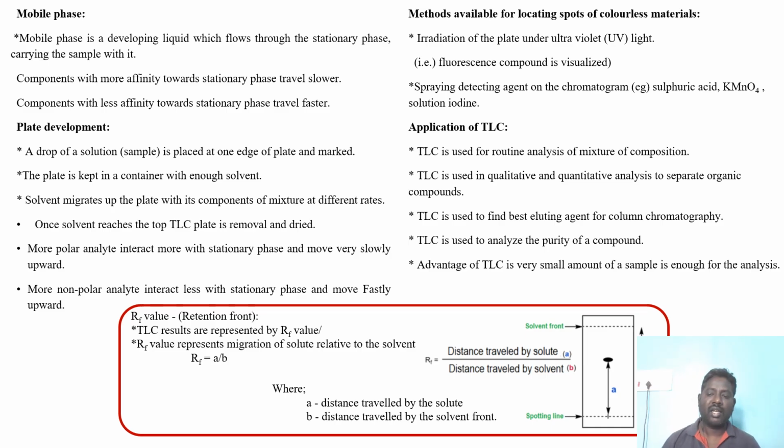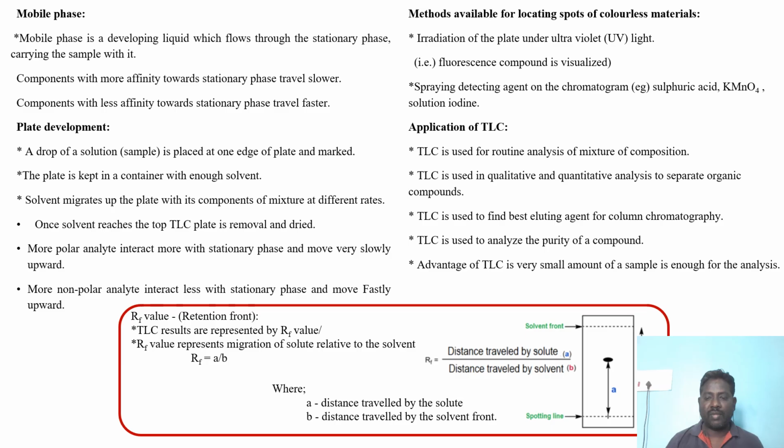As I said earlier, a more polar analyte interacts with the stationary phase more and moves very slowly, whereas a non-polar analyte will interact with the stationary phase less and the movement will be very fast. So in thin layer chromatography, how can this movement be validated or understood?